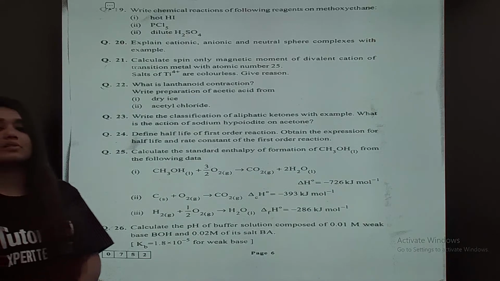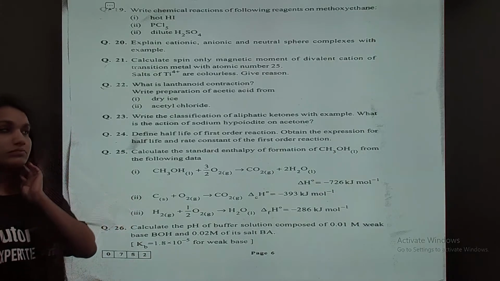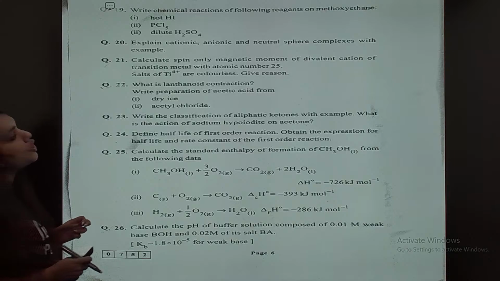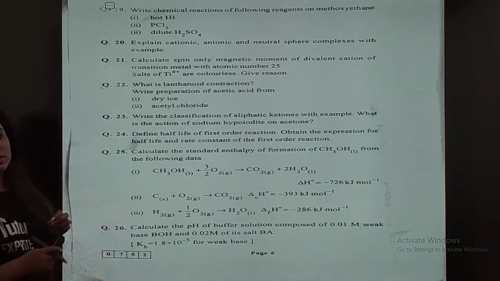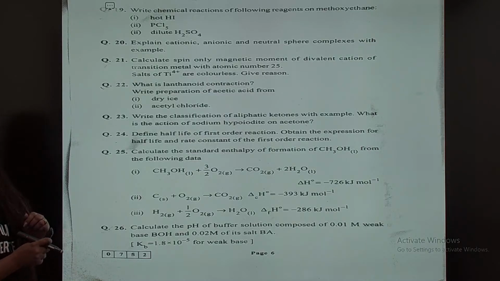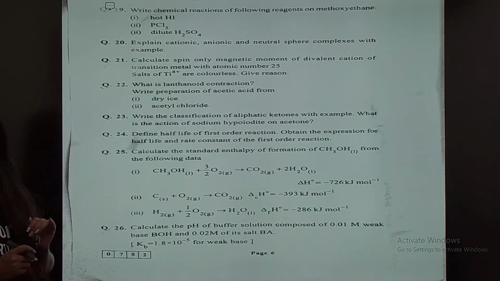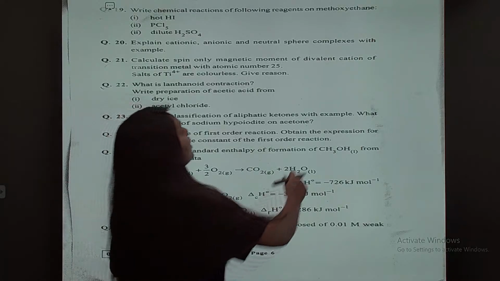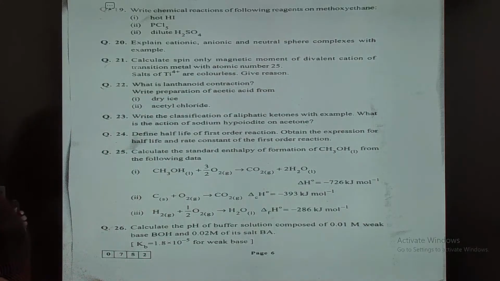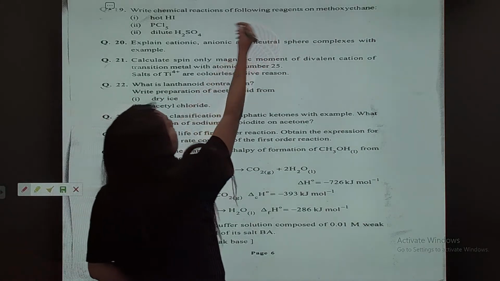Alright, moving on to question number 19, everyone. Next question is write the chemical reactions of the following reagents on methoxyethane, which is CH3OCH2CH3. Let's start with the first reaction, which is hot HI. So when methoxyethane reacts with hot HI, let's see how the reaction will come.